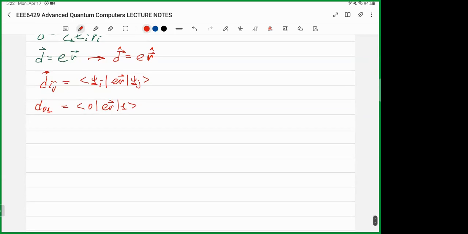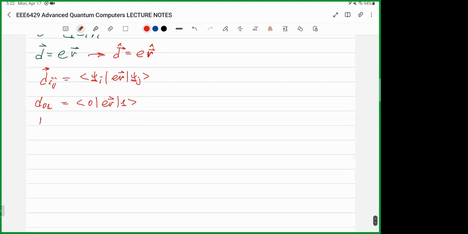So this is the dipole moment of the transition between two levels. And of course, we can define the dipole moment of the state itself. It is called the stationary dipole moment, for example, for the ground state.